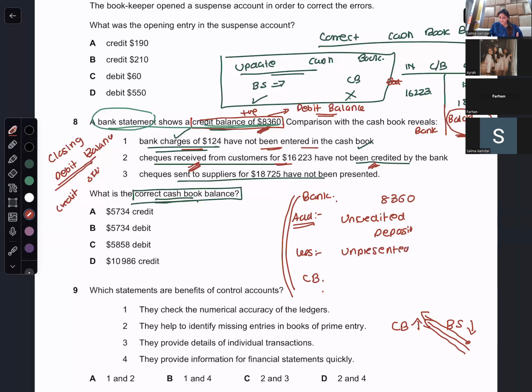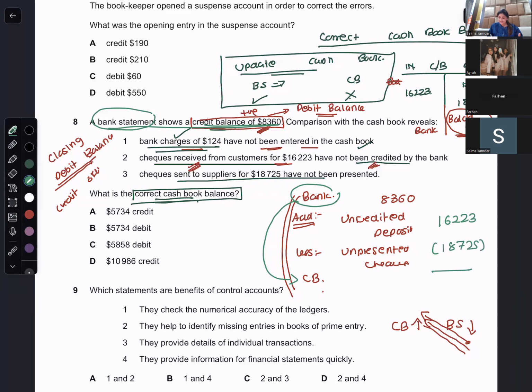You add uncredited deposits and minus the unpresented checks, to get the balance as per cash book.